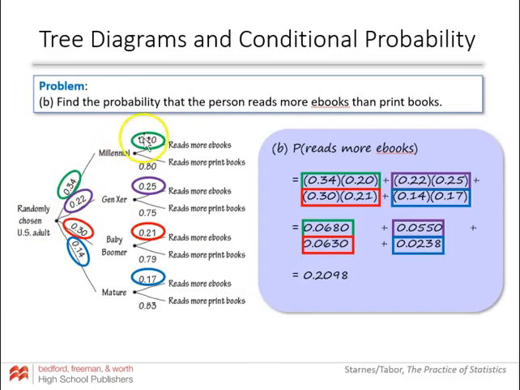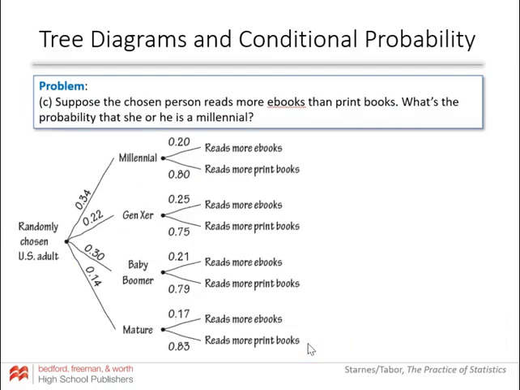All right, so 0.34 times 0.2 gives me the probability that someone is a millennial who reads more ebooks. And then 0.22 times 0.25 gives me the probability someone is a Gen Xer that reads more ebooks. So we're going to do that for all four generations and add those probabilities together to get the total probability that I get any person that reads more ebooks than print books.